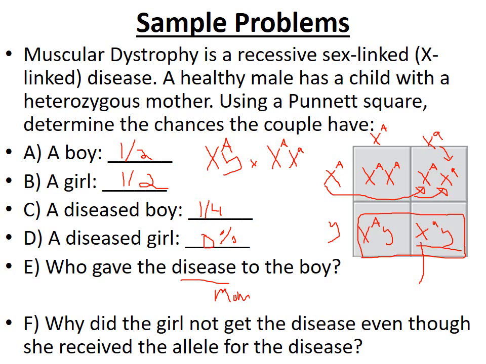As soon as he inherits that diseased X from mom, father can't protect him. Father gives him the Y. So again, an illustration of why X-linked traits, and especially diseases, are more common in boys than in girls in populations.